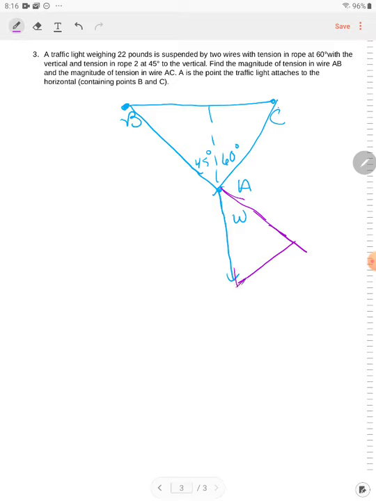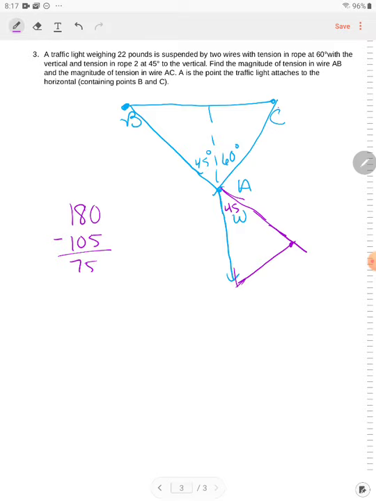If this is 45, this is also 45 by vertical angles. That makes a straight line, so the angles add up to 180. 180 minus 105 gives us 75, so this angle in here is 75.